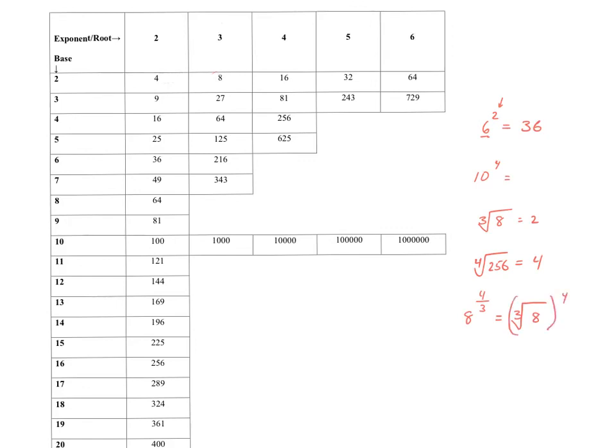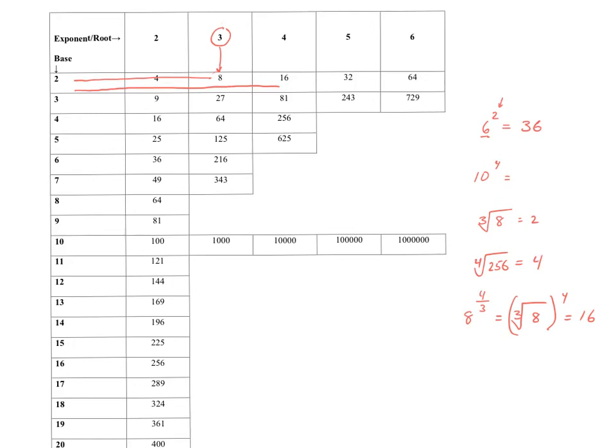So what I do is I start with my root. I move down until I find the radicand, or the base, is 8. Okay, I realize that the cube root of 8 is 2. And now what I'll do is I'll move back along until I go to the fourth power of 2, which is equal to 16.